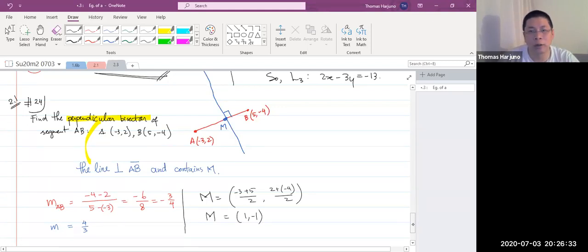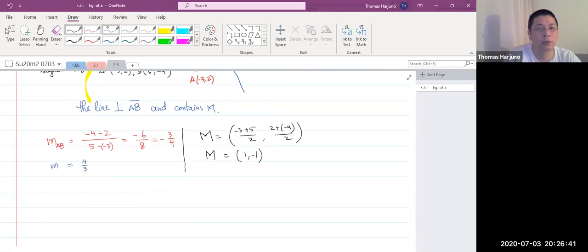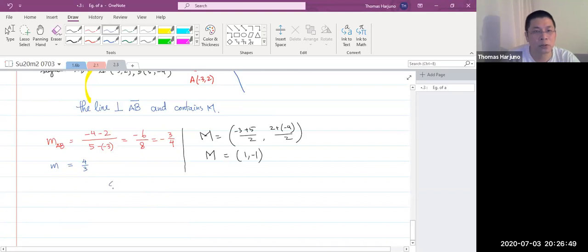Now we put them together. So y equals to, maybe I use blue color so that we can see better. The perpendicular bisector line is given by y equals to 4/3 x plus b, and to find the b, I need to plug in 1 comma negative 1.